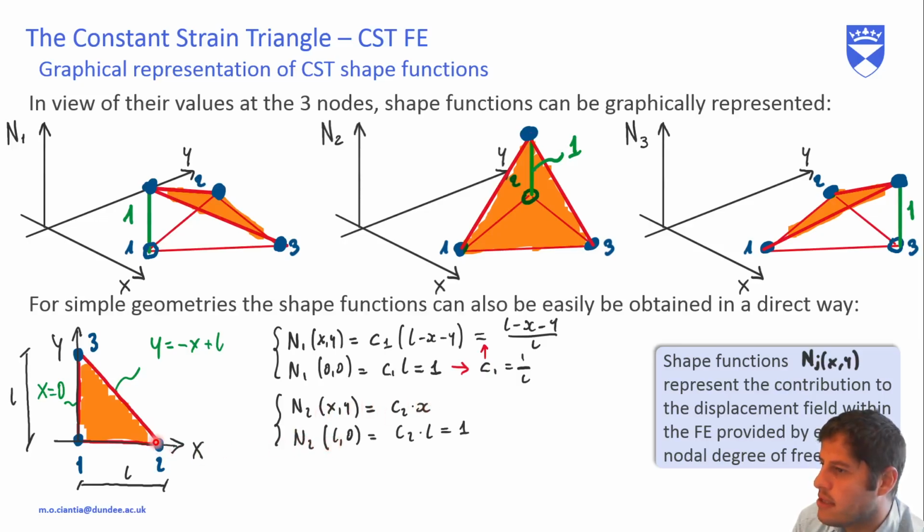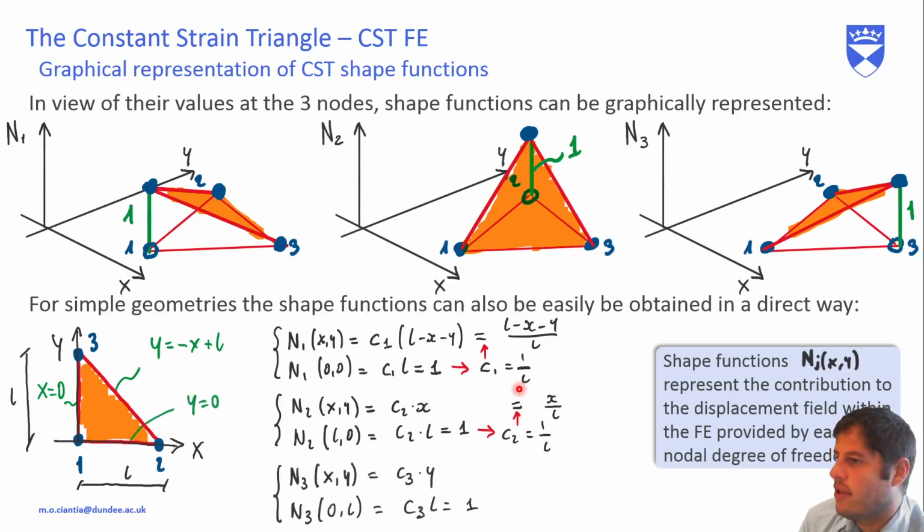So when I'm at this point here, x is equal to L, and y is equal to 0. I substitute the values and I obtain c2 L is equal to 1. In this way I can calculate the constant c2 as 1 over L. I substitute and I get that N2 is x over L.